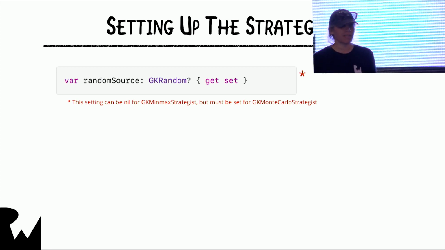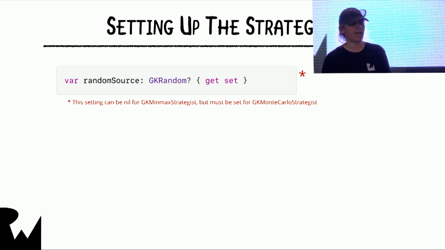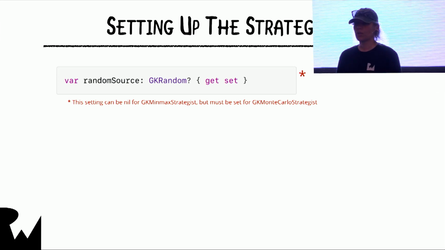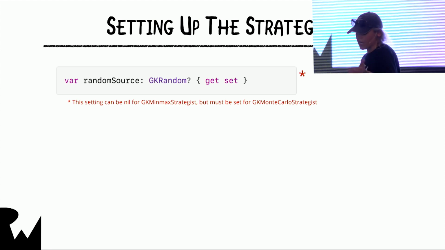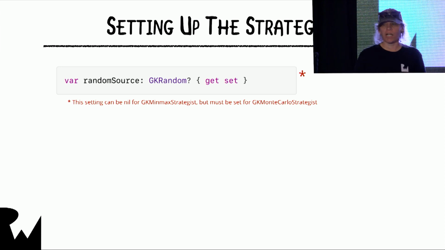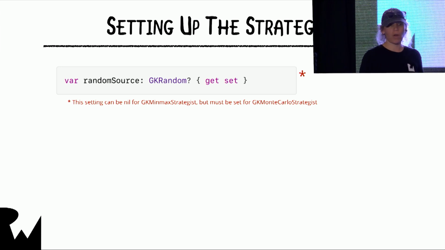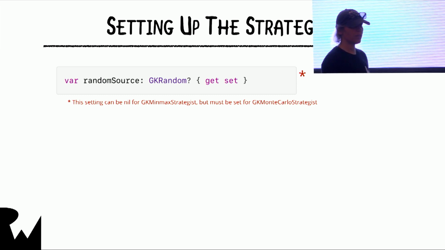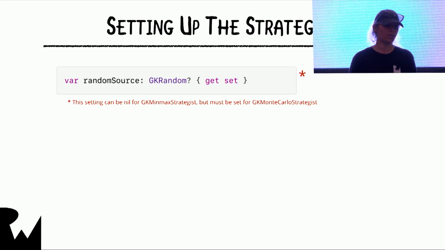You're actually going to get to play with the random source in the lab. In the demo, we're not going to set the random source. It's just not going to be selected. If you're going to use the GK Monte Carlo strategist, you have to set a random source. If you do not set a random source on the GK Monte Carlo strategist, your code will not compile.